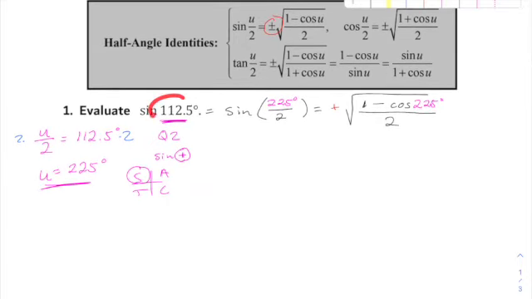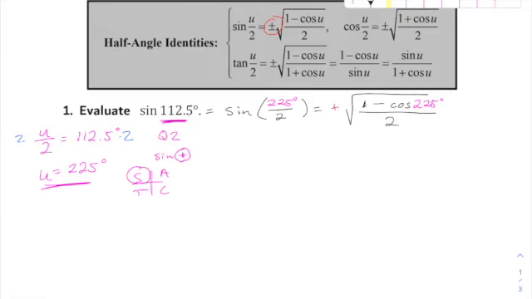But 112.5, the angle, is in quadrant 2, where sine is positive, and that's what told me to use the positive from the plus and minus. Again, I'm not looking at 225 and saying that's in quadrant 3 where sine is negative, and so I should have used the negative. No, we're using 225 to figure out this one. Okay, so maybe I've over-explained that, but still, it's a common mistake.